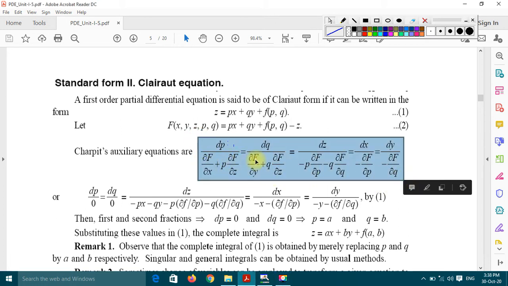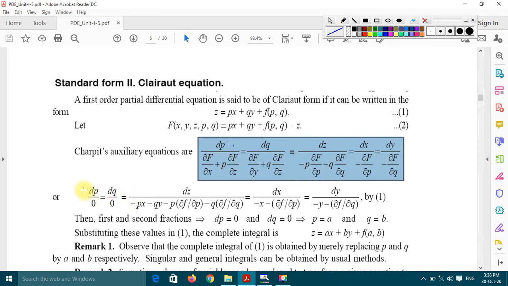Now we compute the values of ∂F/∂x, ∂F/∂y, ∂F/∂z, ∂F/∂p, ∂F/∂q with the help of equation number 2, and substitute all the values in this auxiliary equation.